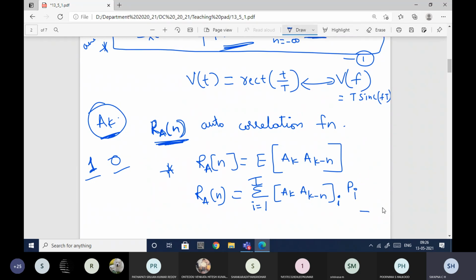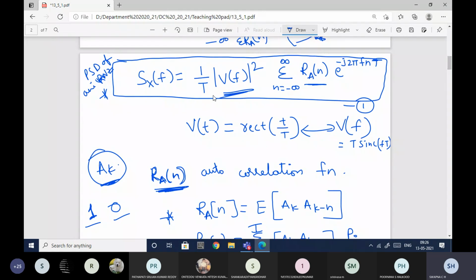As and when we go for the specific topics like unipolar NRZ and polar NRZ, you'll understand very clearly. Right now this is how we'll be calculating the PSD of any given signal.